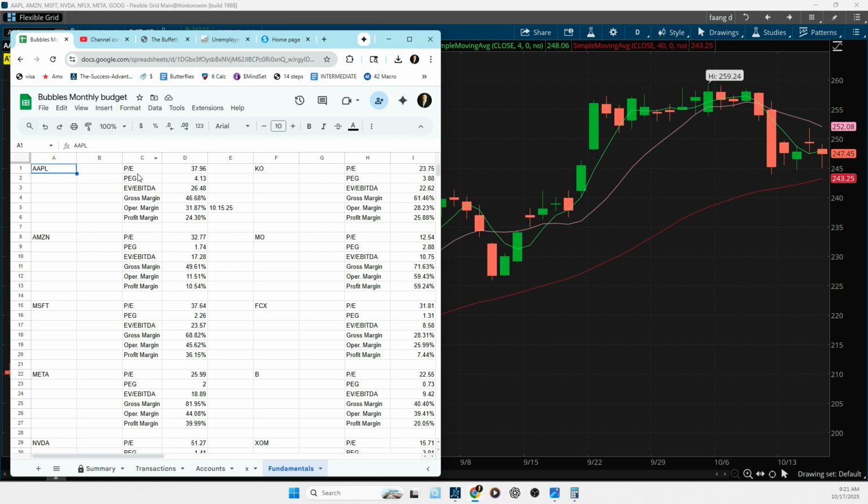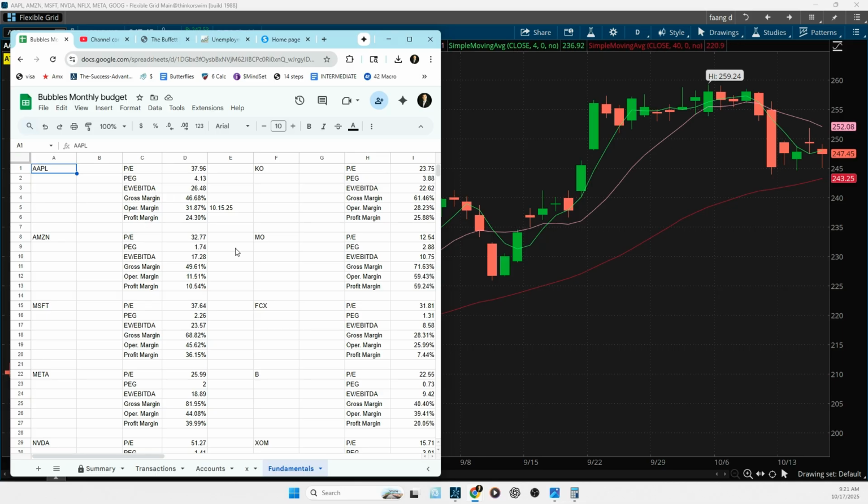So not only can we use Apple and all these other Mag 7 stocks as an overall indicator of what's going on in the stock market technically by looking at the charts, but also fundamentally.